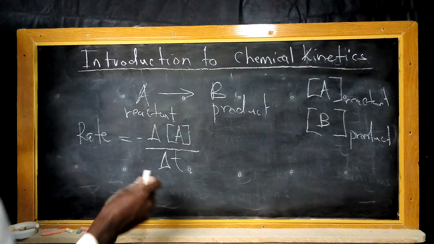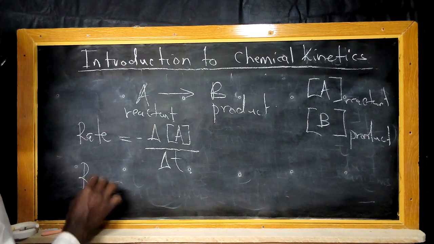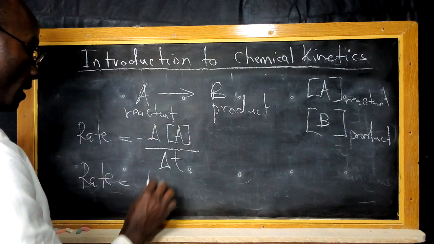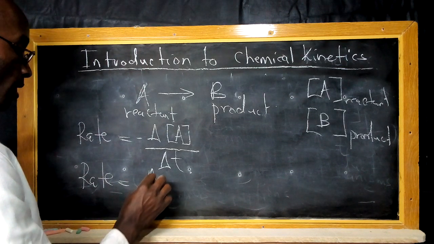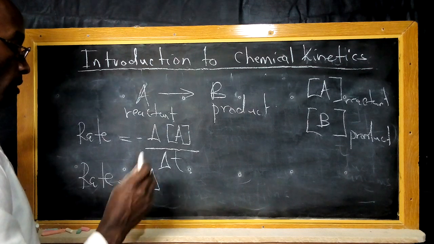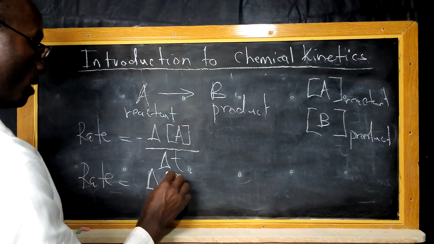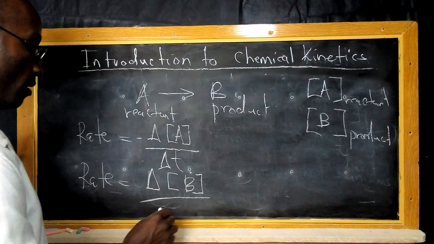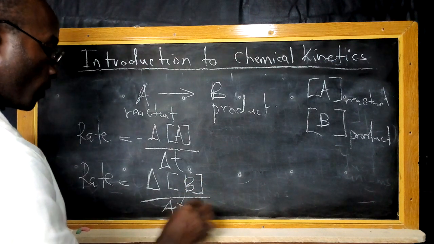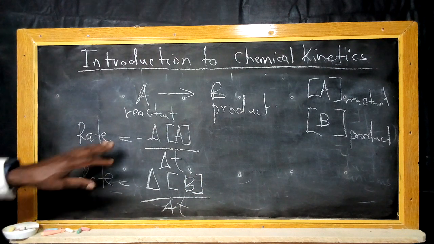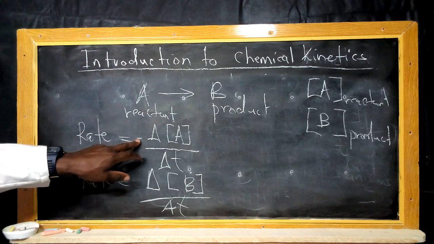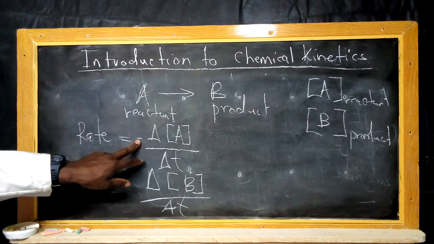For the product, its rate will be given as delta B over change in time, with no negative sign, which would imply consumption, but a positive one. So when the reactants are being consumed, there's a negative sign implying that they are decreasing.